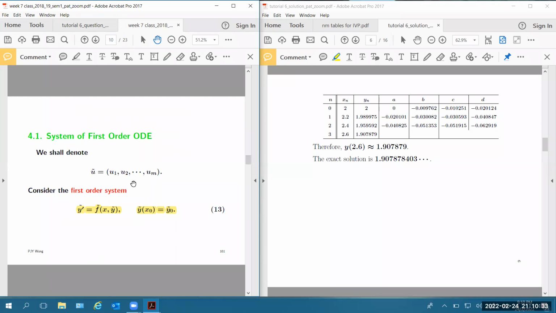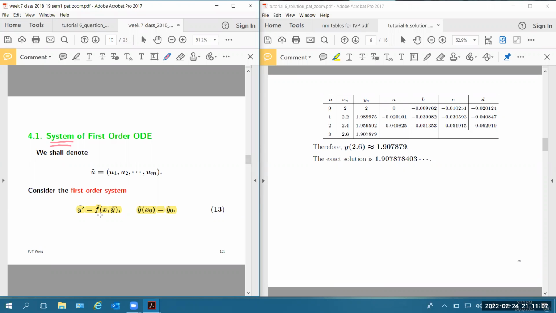Now we have more complicated things. We are looking at a system of first order ordinary differential equations. The word system means more than one. If one, that's not a system. So we will solve more than one differential equation simultaneously. The key word is simultaneously; they are connected to each other.